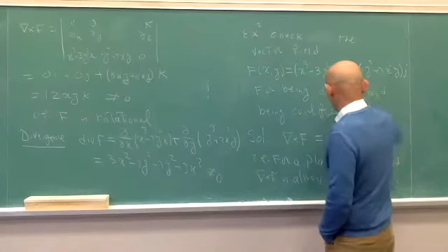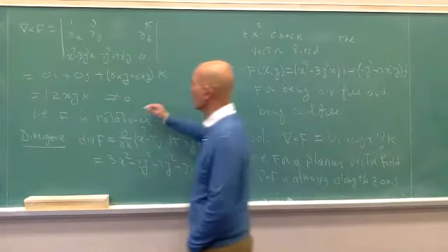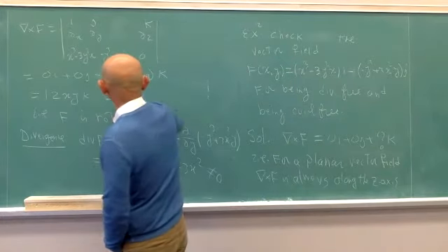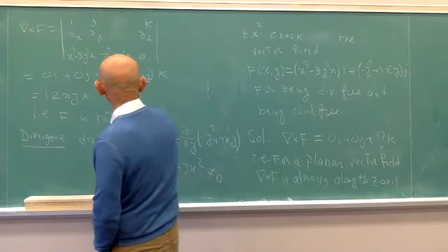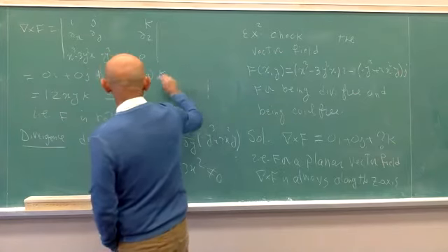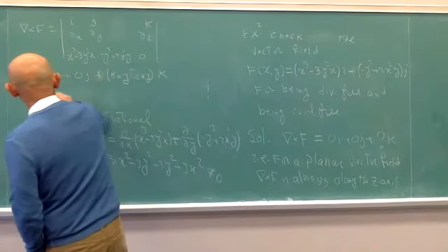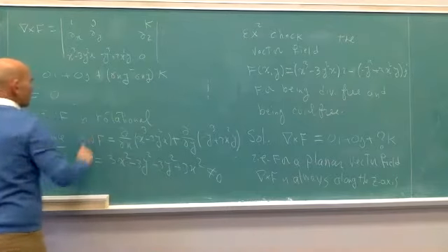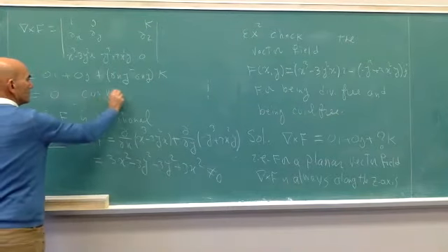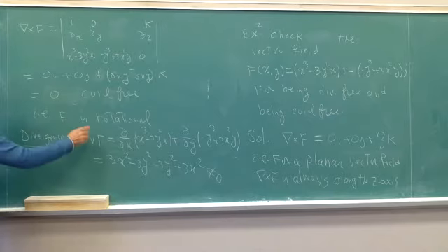Take this, you go on, and you notice that this is equal to 0 in this case, with a minus. So this is divergence-free. So it's like a 2-for-1 problem, two questions packed in one. So now F is irrotational.